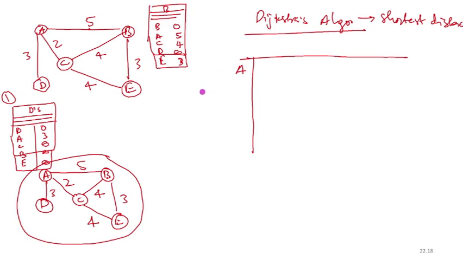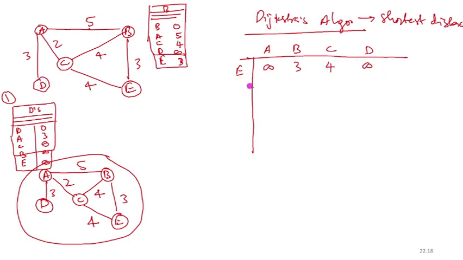Suppose we are taking E, meaning from E we want to go to each of the nodes, A, B, C and D. From E to A there is no direct path, so it will be infinity. From E to B there is a direct path 3. From E to C there is a direct path 4. From E to D there is no direct path.